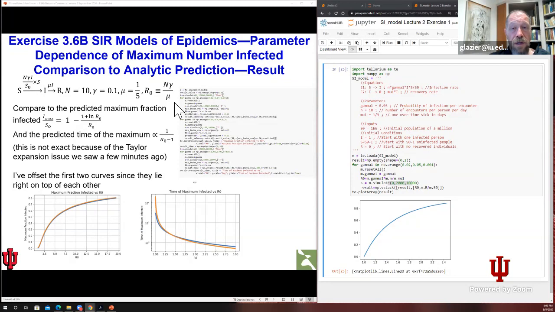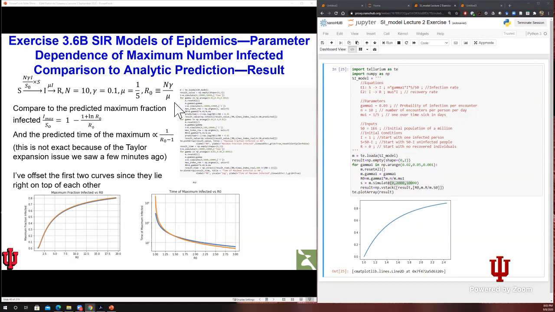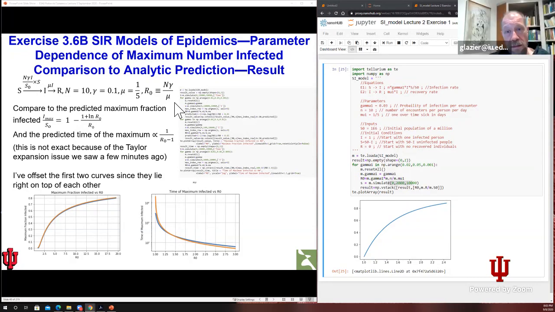So N gamma is basically how many people an infected person infects per day. 1 over mu is how many days you're sick. So the product of N gamma and 1 over mu is: you infect N gamma people per day and you're sick for 1 over mu days. So that's how many people each infected person infects, which is R naught. But that number doesn't show up directly in the equation.